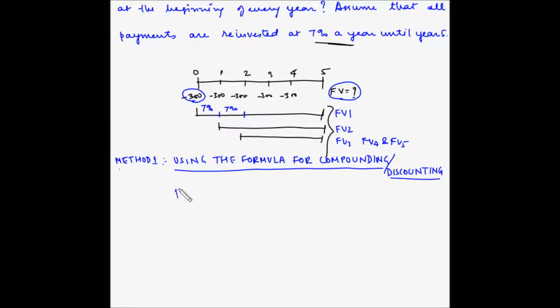So the future value of the annuity is equal to FV1 plus FV2 plus FV3 plus FV4 plus FV5.